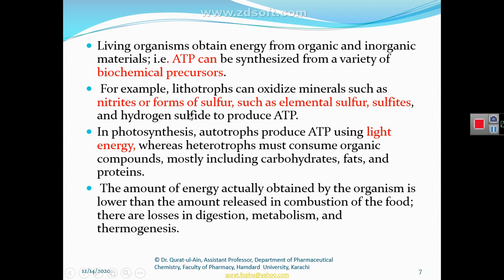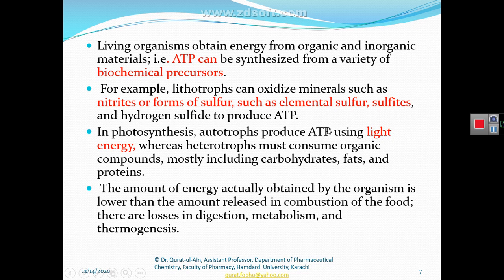For example, lithotrophs synthesize ATP from nitrite, from elemental sulfur, or from sulfite. The living organisms that oxidize nitrite, elemental sulfur or sulfite and produce ATP, we term these organisms lithotrophs.